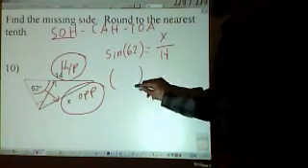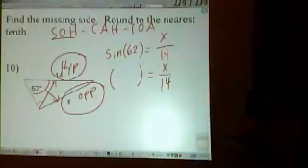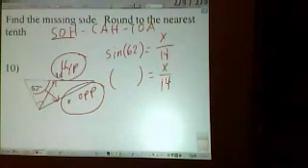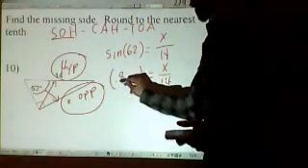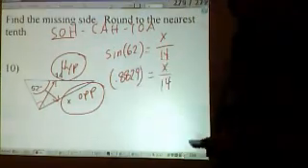And so now we will come into our calculator and we're going to get sine of 62. Or you're going to look on your table. So we will type in 62, sine of 62, and we get 0.8829.